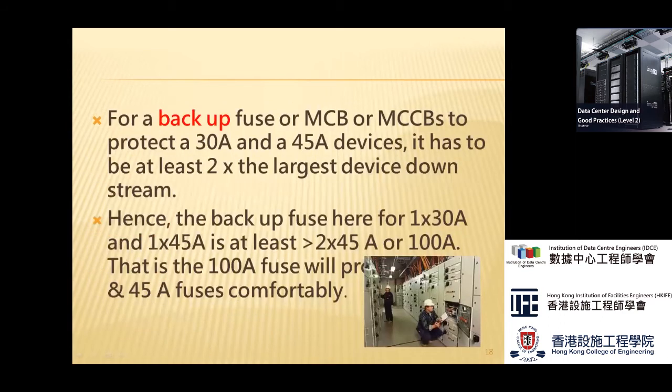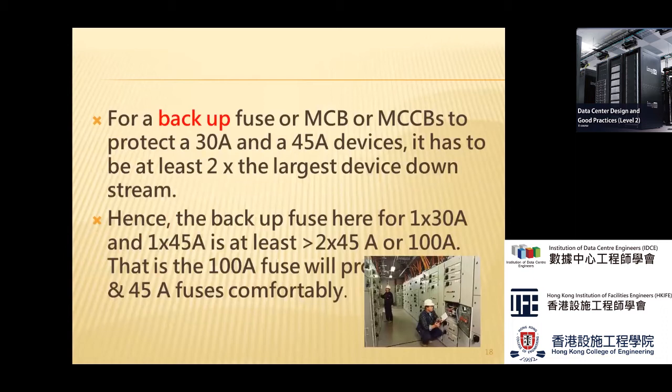Okay, so now let us think about the backup fuses for MCB or MCCBs to protect a 30 amp. Suppose you have an MCB of 30 amp or you use an MCCB for 45 amps.